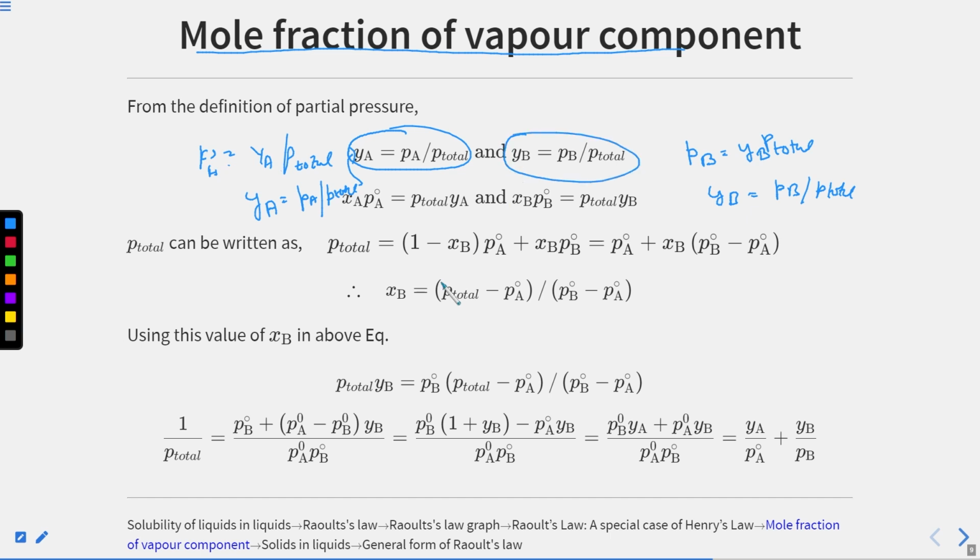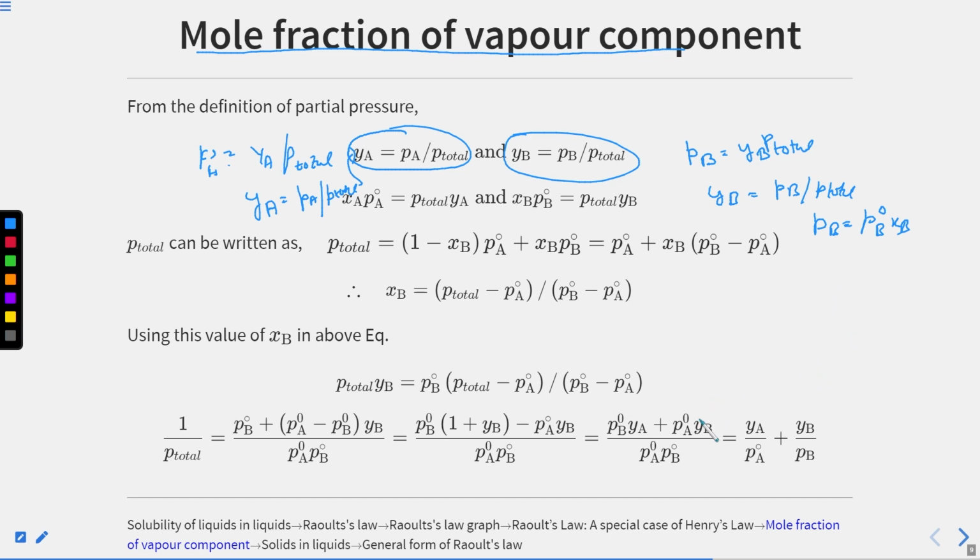Now we have seen earlier, and we have seen it right now in the previous slide, that we can write PB equals P naught B XB. Here the Y we are talking about is the mole fraction of the A component in the vapor phase.